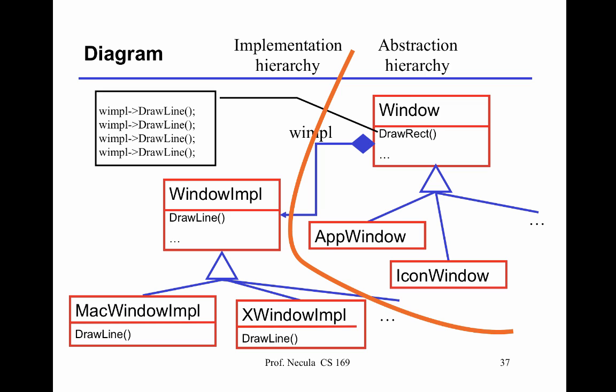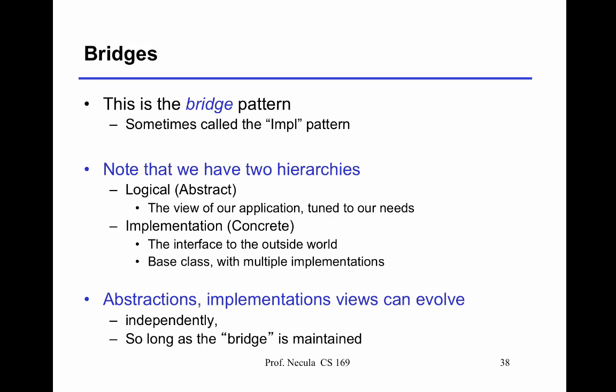And then inside your application, all you're going to be calling is this abstract authenticate in that case, or draw a line in this case. Okay? So this is called the bridge pattern or the impl pattern, and it is put in place when you want to separate out of your application details that you think you may want to change.